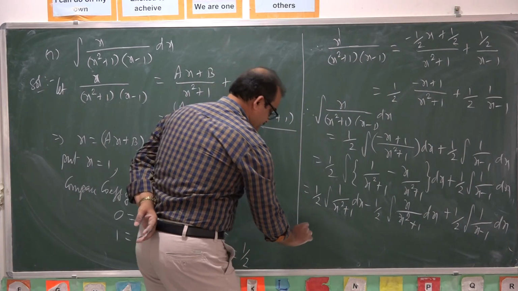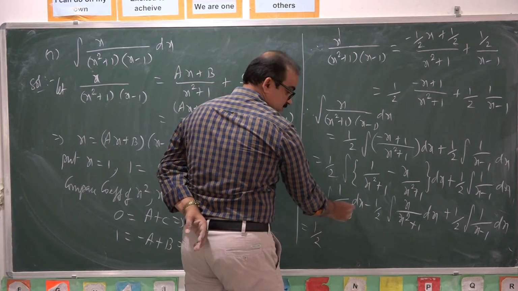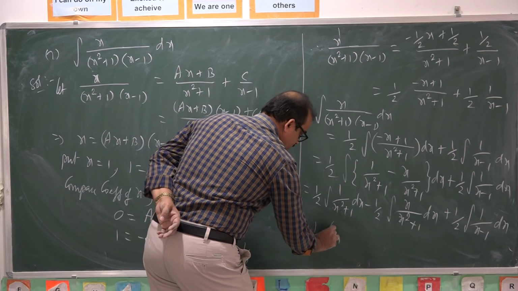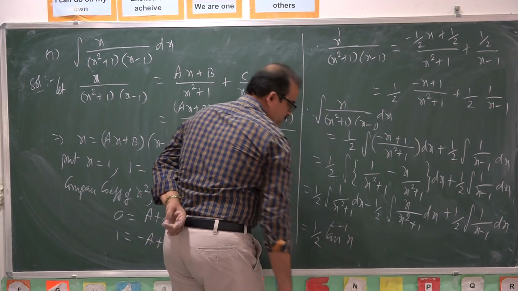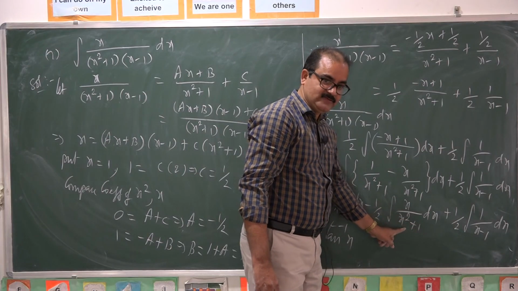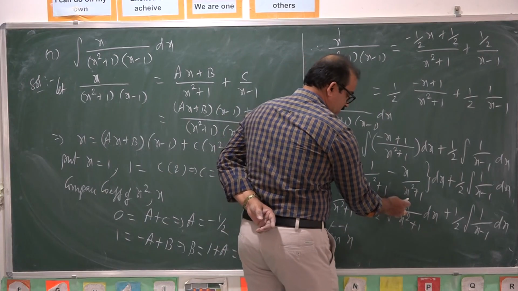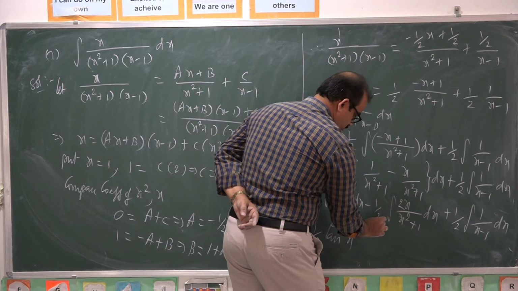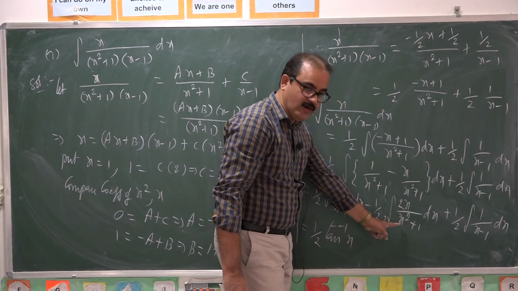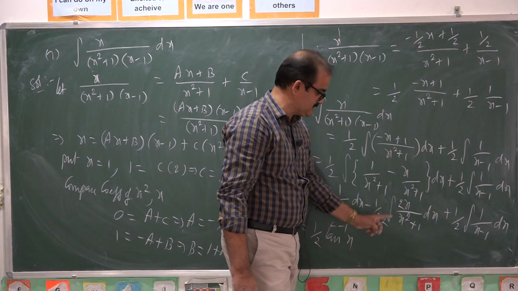Now integrate. Integral 1 by (1 plus x square) dx is tan inverse x. Now you see here, the denominator is x square plus 1, the numerator is x. If you multiply and divide by 2, then the numerator becomes the derivative of the denominator. Derivative of x square plus 1 is 2x.